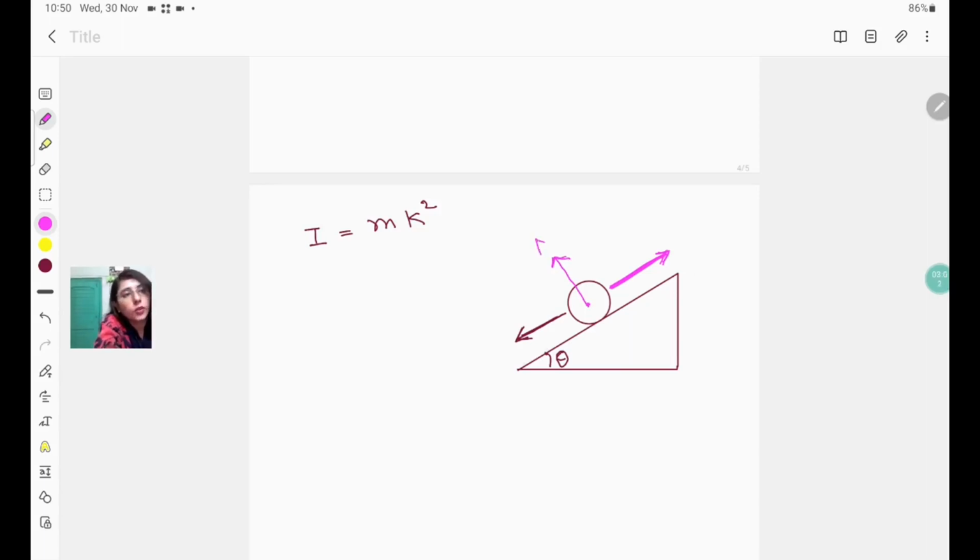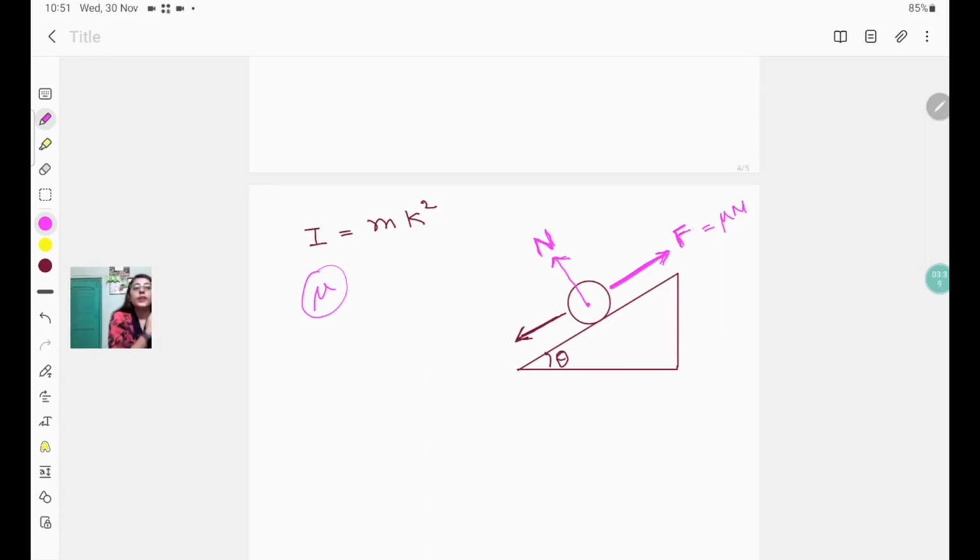Okay, and if mu is the coefficient of friction, then the frictional force, suppose we are taking the frictional force as F, only F, okay? The frictional force F will be equal to mu N, right?